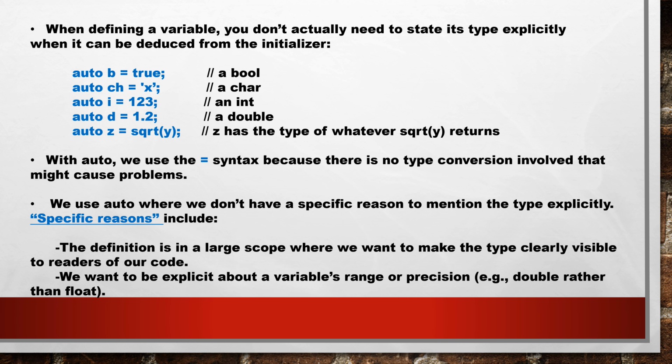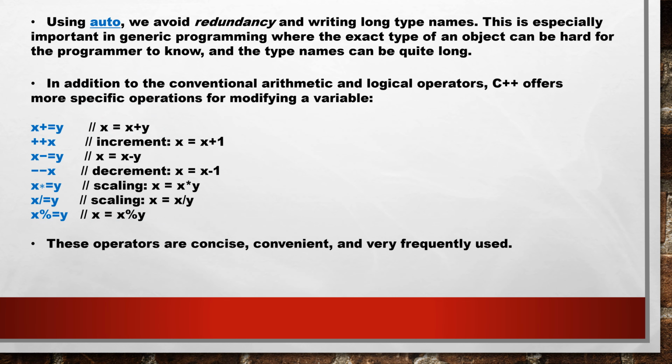Specific reasons include: the definition is in a large scope where we want to make the type clearly visible to readers of our code; we want to be explicit about a variable's range or precision, for example double rather than float. Using auto, we avoid redundancy and writing long type names. This is especially important in generic programming where the exact type of an object can be hard for the programmer to know, and the type names can be quite long.